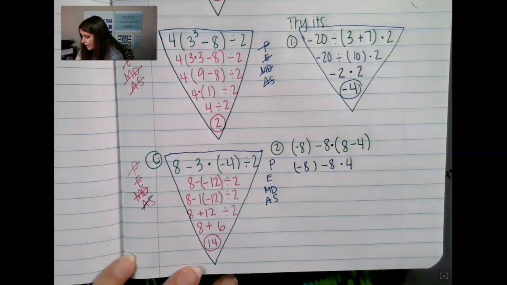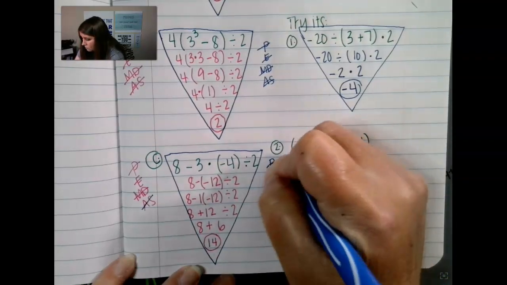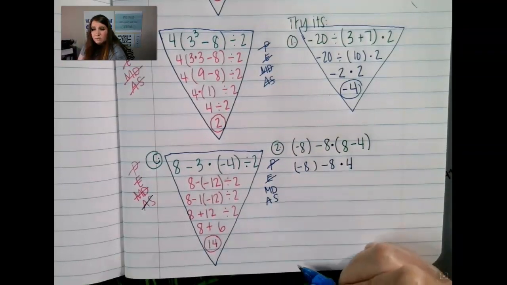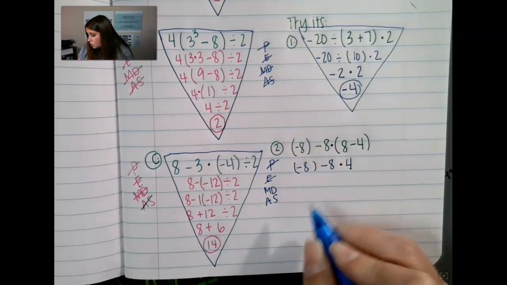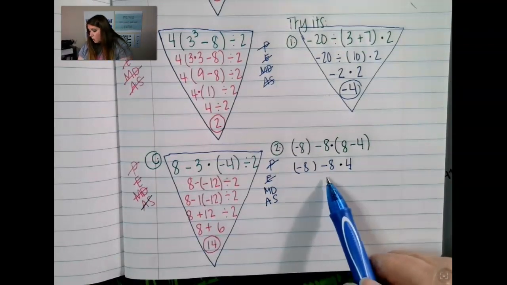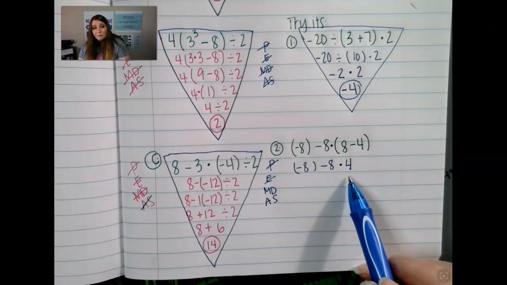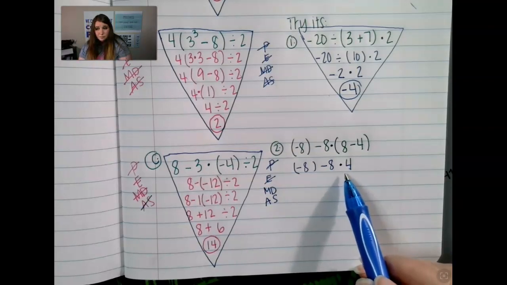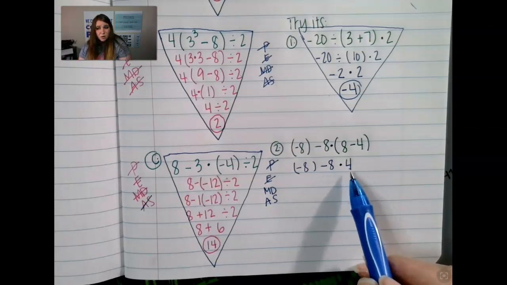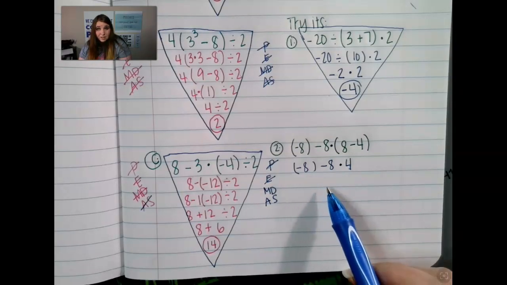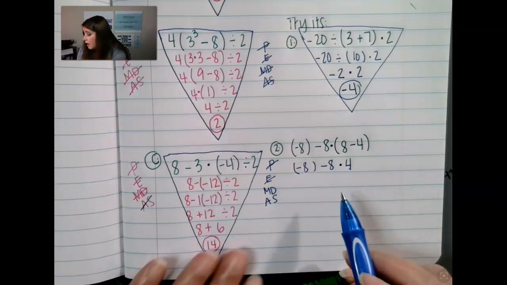All right, now I'm ready for exponents. There aren't any. I'm ready for multiplication or division from left to right. Okay, look at this. I have -8 times 4, or I can think of this as 8 times 4 and bring down my subtraction sign. Your choice.